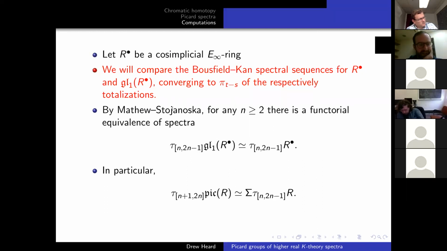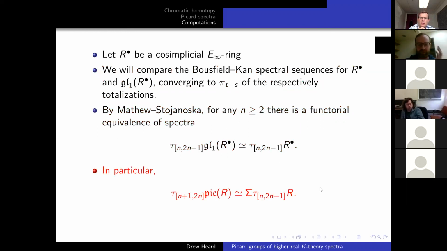In their foundational paper, Mathew and Stojanoska proved that for any n greater than 2, you just have this equivalence of spectra. In the range from n to 2n minus 1, gl1 of our bullet is just the same as our bullet, and putting pic in just shifts things around.